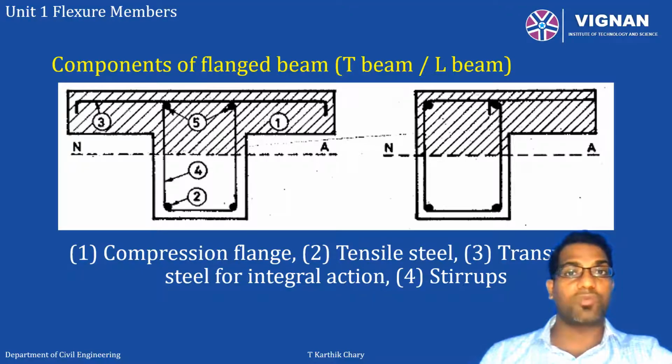I repeat, the top portion slab is called the flange and the bottom rectangular section is called the web. So we denote width of flange or width of web, or depth of flange or depth of web. We don't call it a rectangular beam or depth of rectangular section. We notate all the dimensions in a T-beam in terms of flange or web. The right side figure shows you the L-beam also.